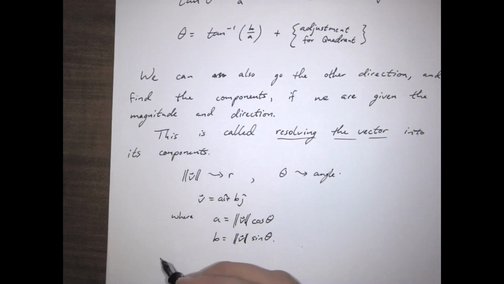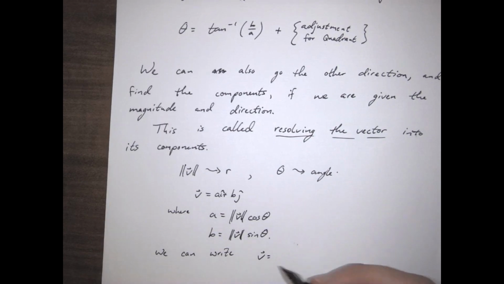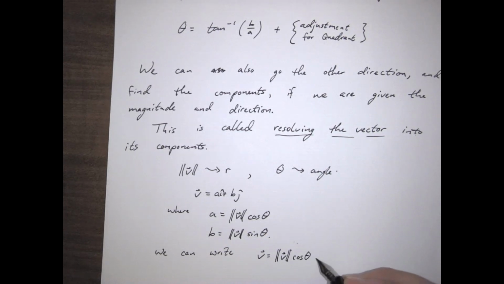So sometimes we write v equals magnitude of v cosine theta i, plus magnitude of v sine theta j.